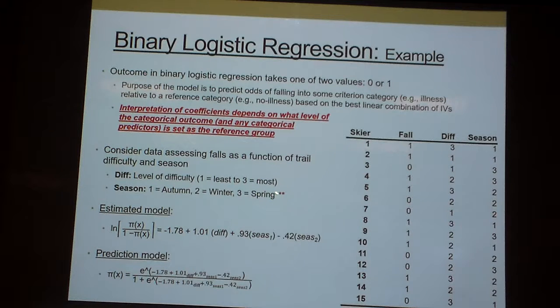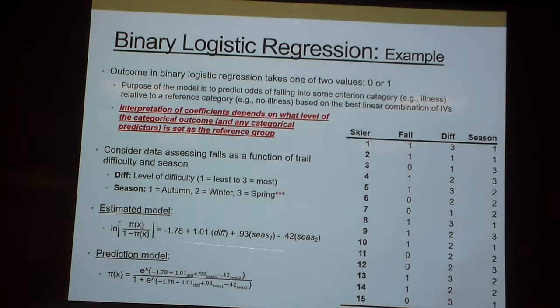In this case, spring, marked with the asterisk, is our reference group. We'll model this kind of like an indicator regression, where our specific effects will compare autumn versus spring and winter versus spring, with spring being our reference group.